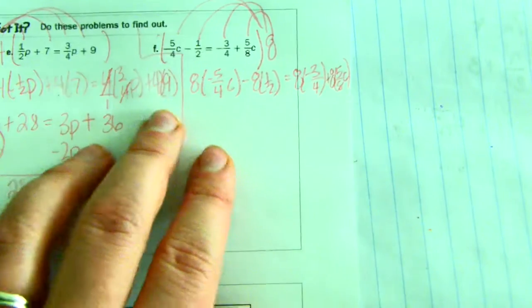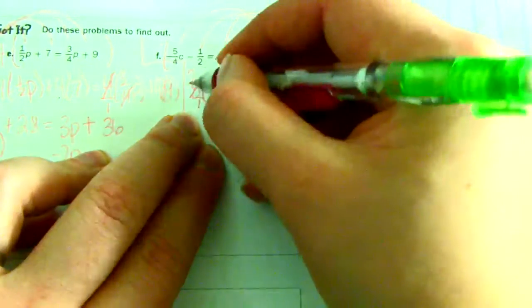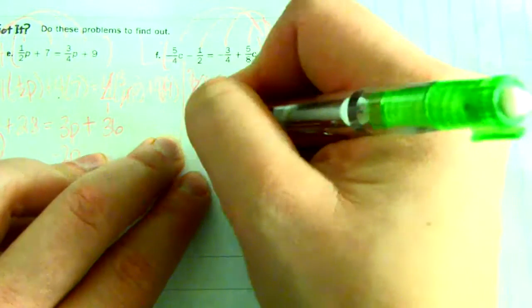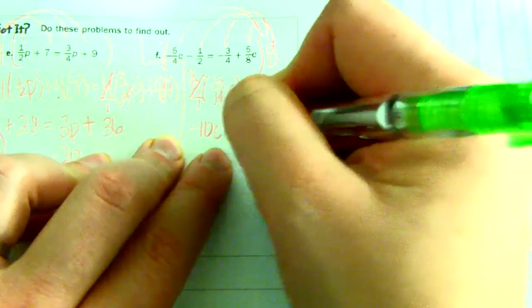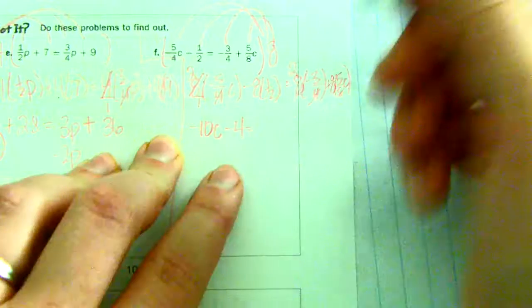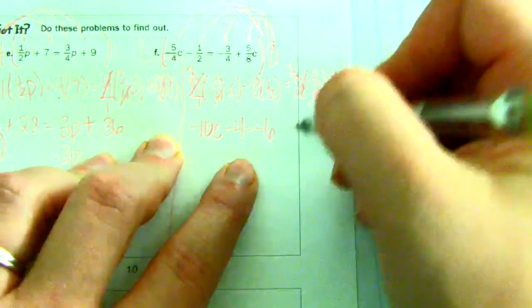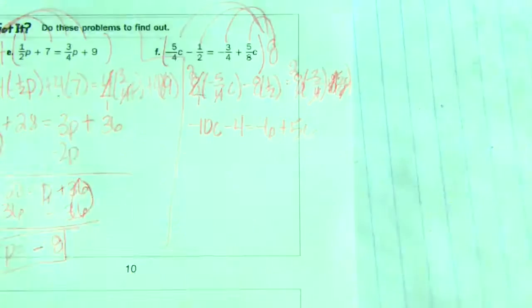So cross reducing, you can write those over 1. 4 goes into 8 2 times. 2 times negative 5 is negative 10c. Minus half of 8 is 4. Cross reducing here. 2 times negative 3 is negative 6. Ooh, cross reducing here, I would get plus 5c.